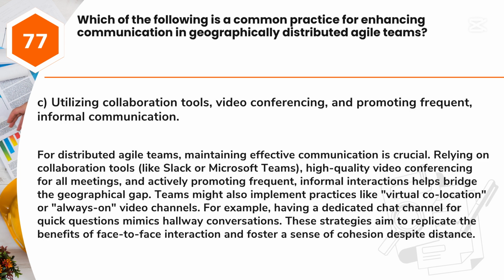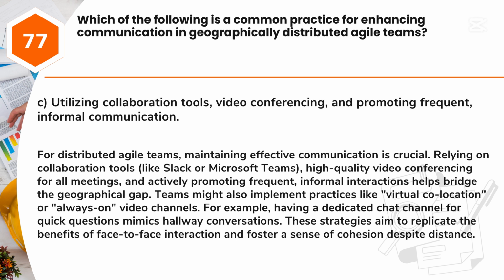Answer: C. Utilizing collaboration tools, video conferencing, and promoting frequent, informal communication. For distributed Agile teams, maintaining effective communication is crucial. Relying on collaboration tools, like Slack or Microsoft Teams, high-quality video conferencing for all meetings, and actively promoting frequent, informal interactions helps bridge the geographical gap.